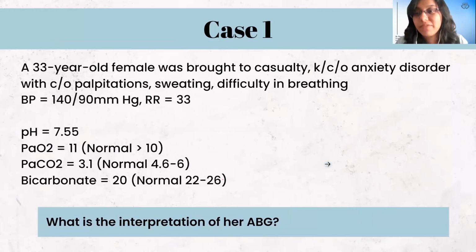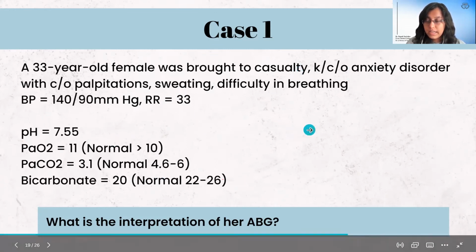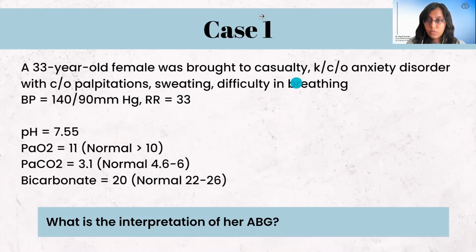If you don't do cases on paper, you understand the theory, this is above, this is below. But unless you start doing cases, you will not be able to understand how to correlate your lab findings with your history clinically. Have we understood what the difference between compensation and straightforward acidosis alkalosis is?